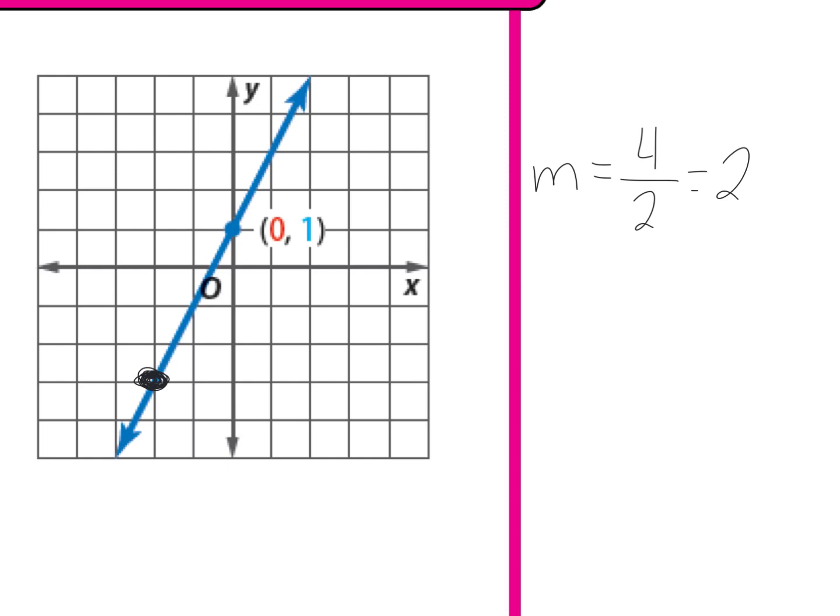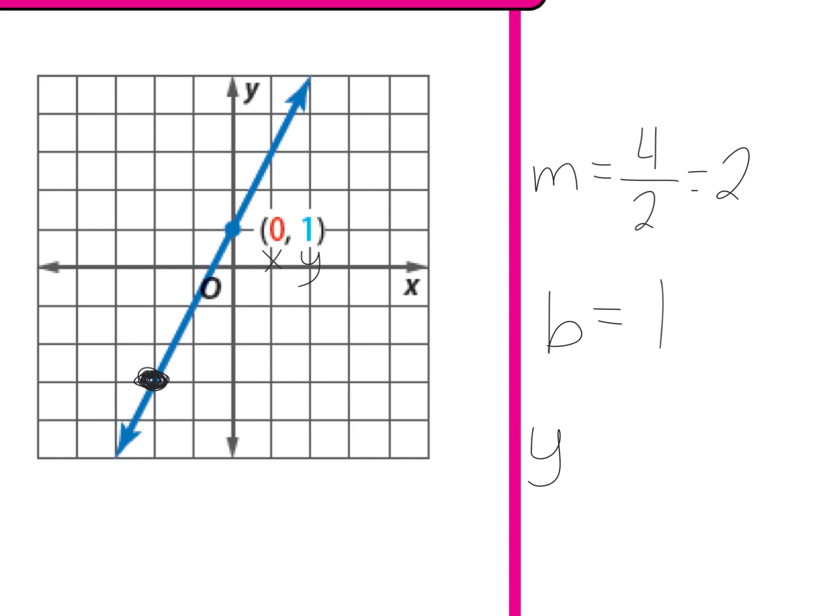What's the other important piece we talked about? The y-intercept, which is our b. Where does our line cross the y-axis? The y-axis is here. Where does it cross? At 0, 1. What's my y value of that point? 1. So our b is 1. We only care about the y value of that point. What was that slope-intercept form I had you write really big?